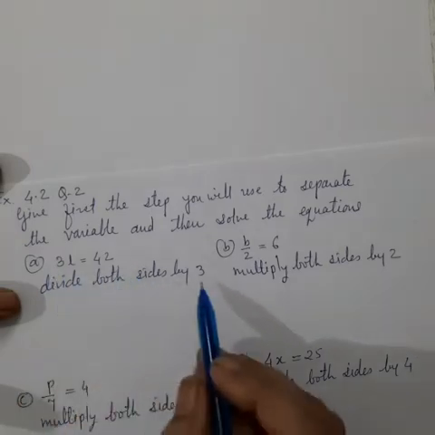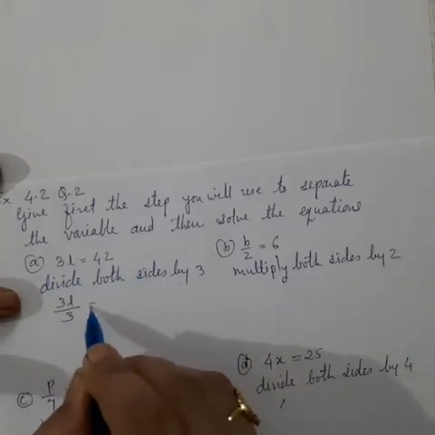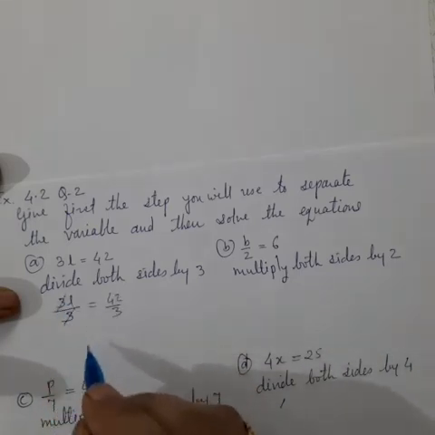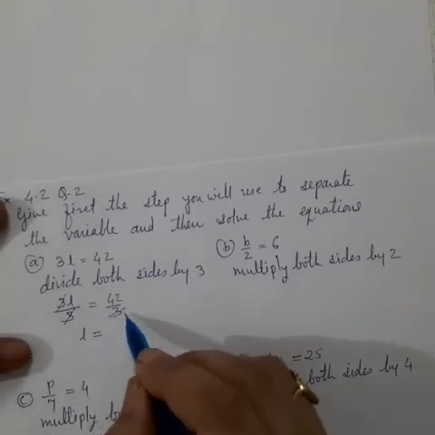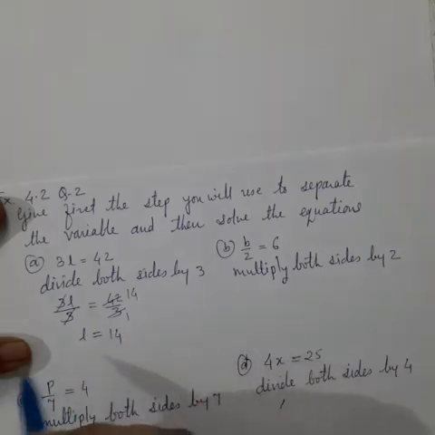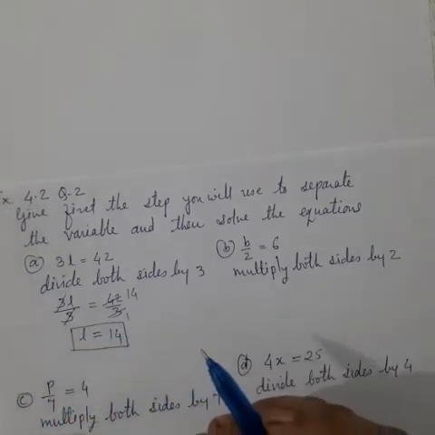So divide both the sides by 3. 3l divided by 3 equal to 42 by 3. This 3 will be cancelled. Only l on left hand side and 3 1s are 3, 14 3s are 42. So we'll get solution l equal to 14.